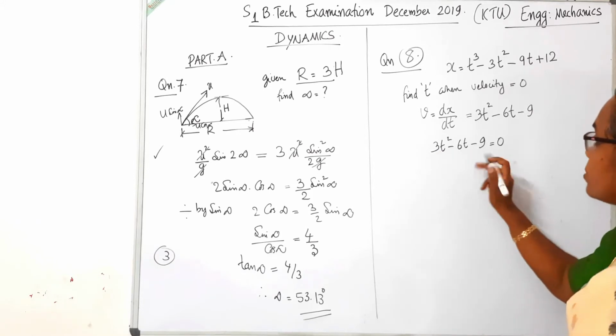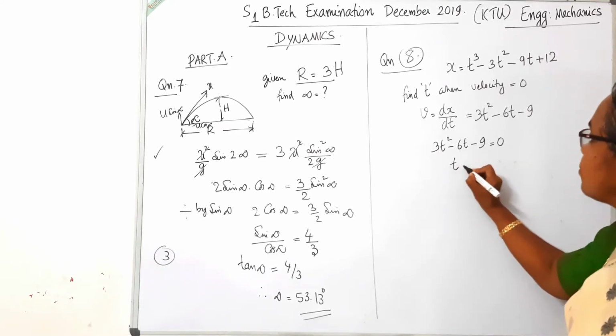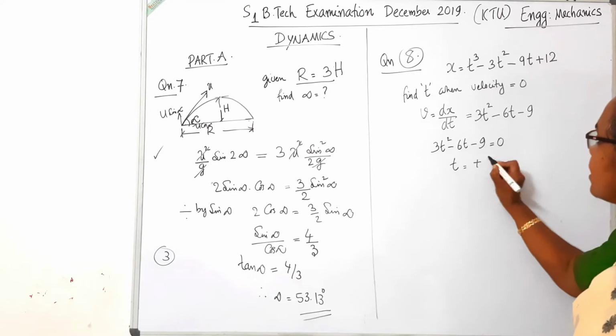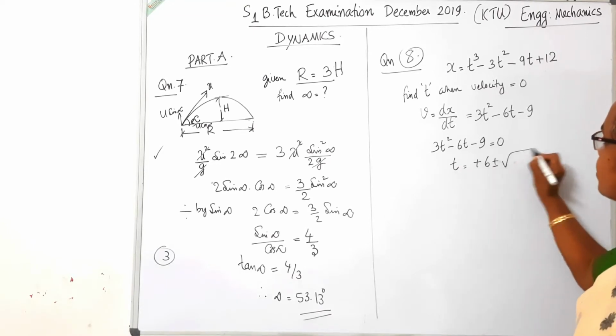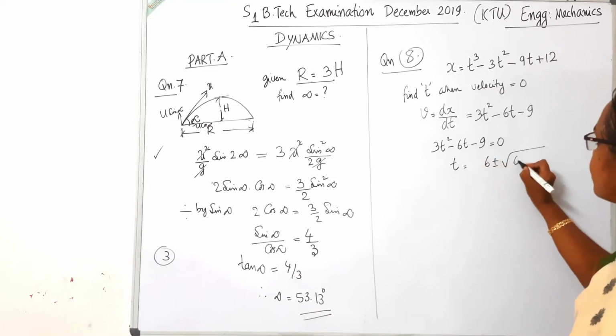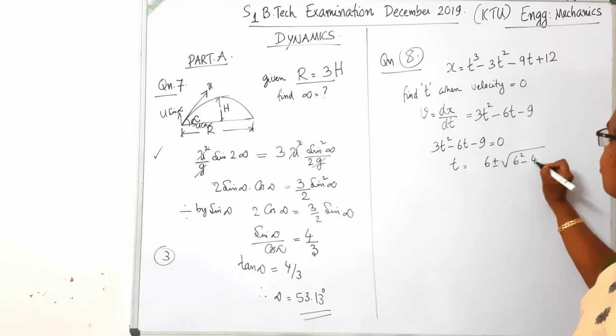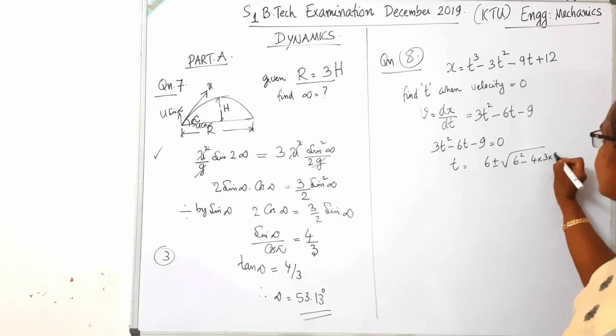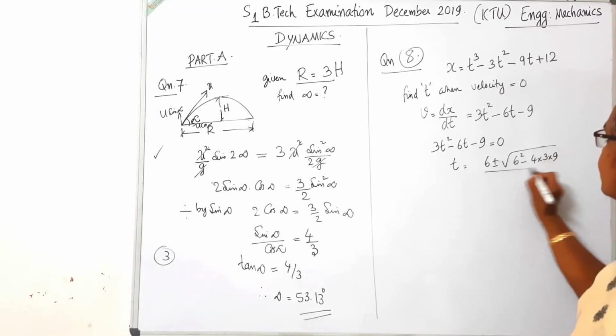You solve this. T is equal to minus b plus or minus root of b square minus 4ac, divided by 2a.